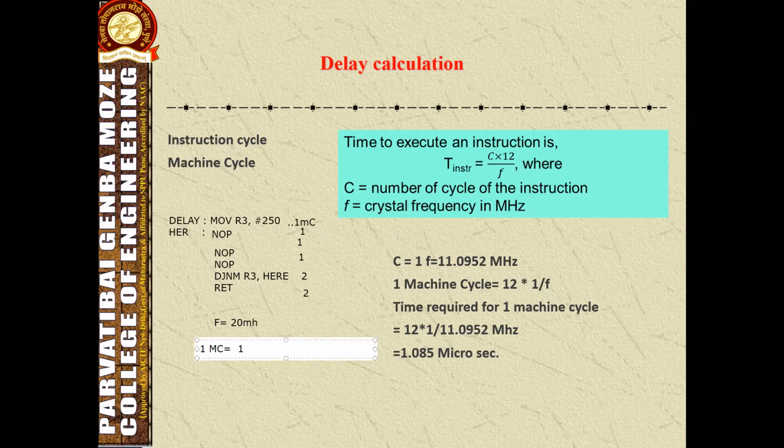So I am writing here 1 into 12, divided by F. Here, what is the frequency? What frequency have they given? 20 mega. Mega is nothing but 10 raised to the power of 6.